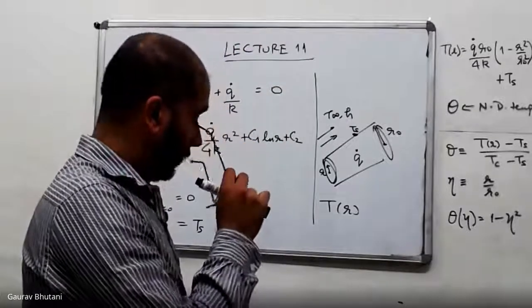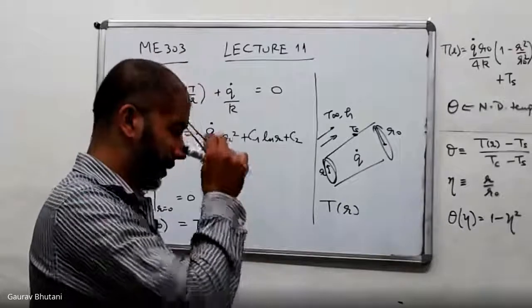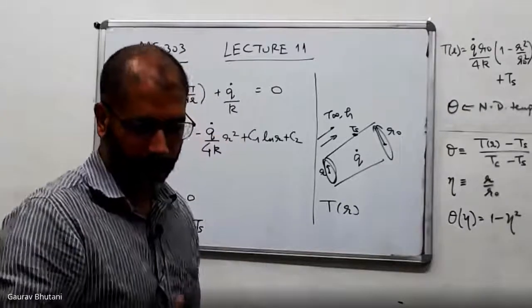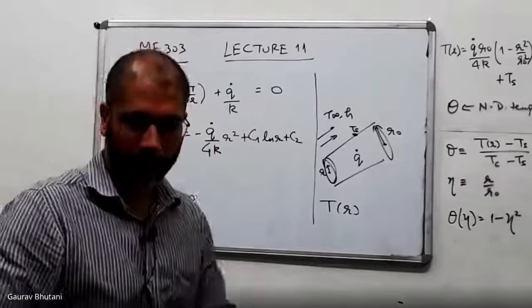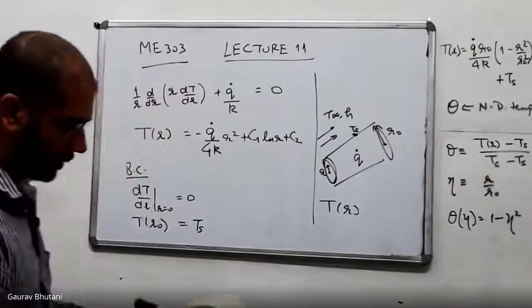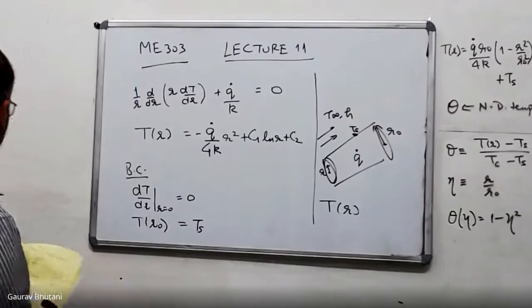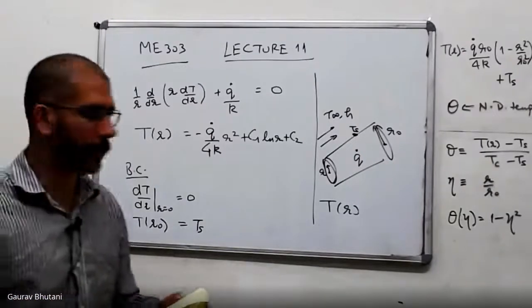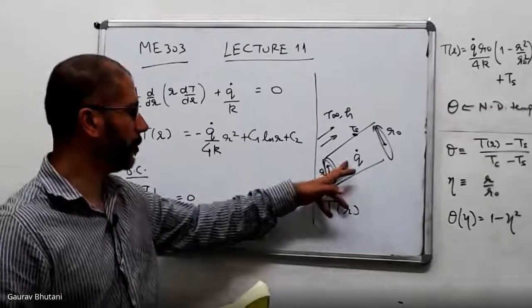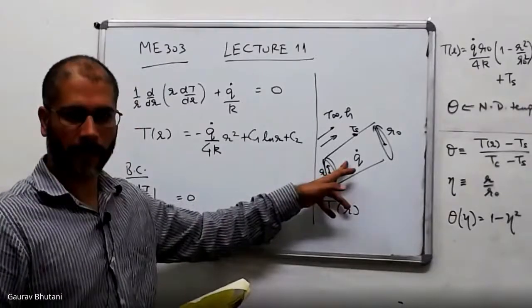Now, earlier we have been using the idea of thermal resistance, but here what we see is, if I find the Q, in this case, the rate of heat flow. Now, you already have an understanding that in this case, my QR will not be constant, because your heat's getting generated.